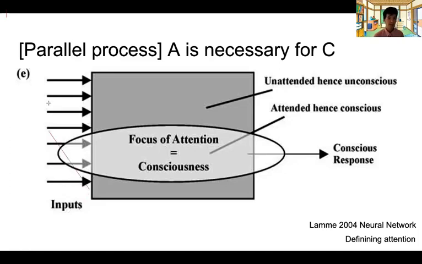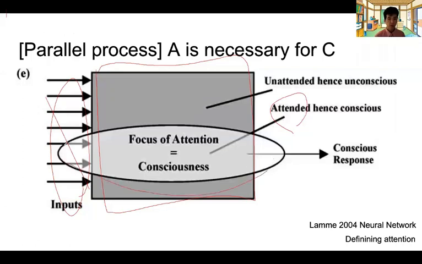So here, input comes in, and then all of the processing is processed in the brain, and then attention can focus and also make some kind of spotlight of this processing.